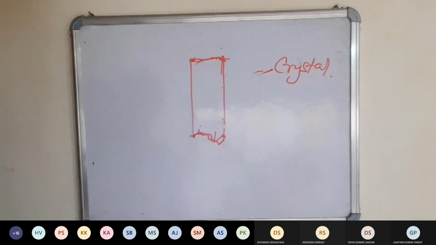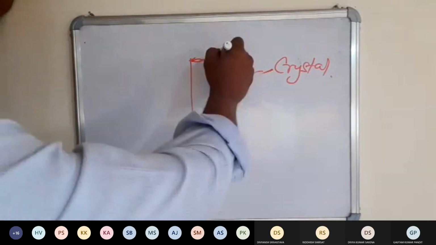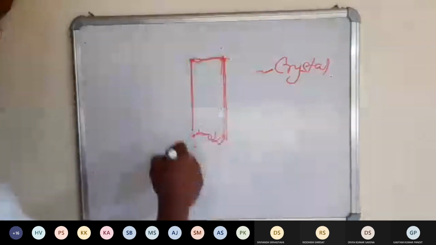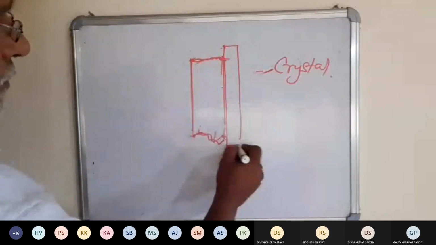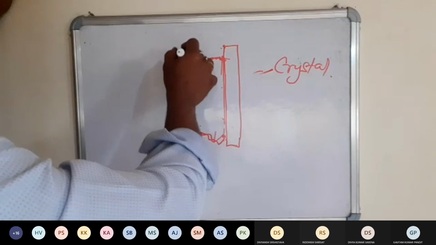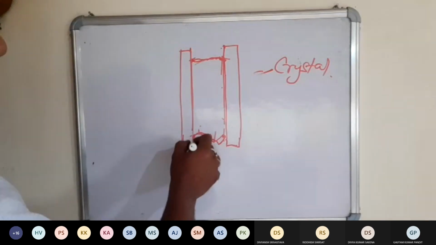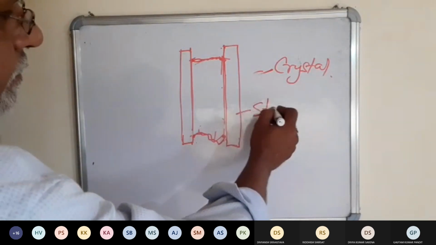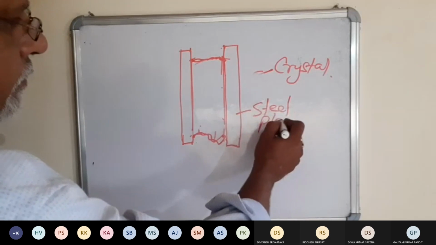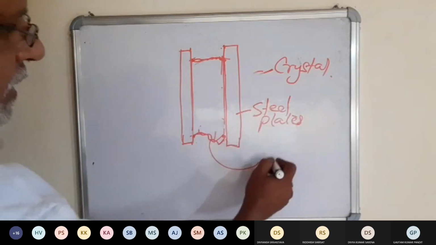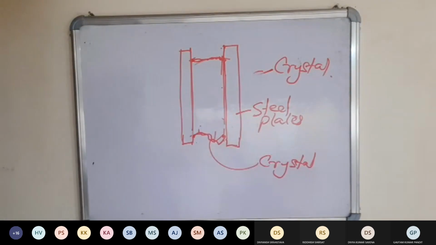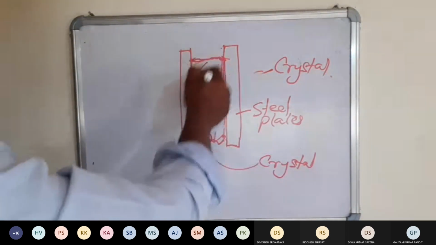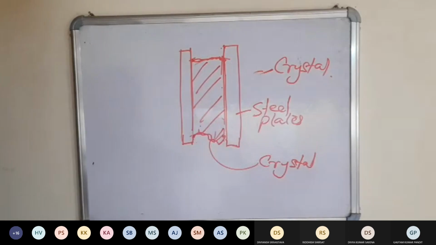What is observed here, the principle that it uses, is that when this crystal is sandwiched between two steel plates, these are the steel plates, and this one is the crystal, there is specific behavior shown by this particular crystal.